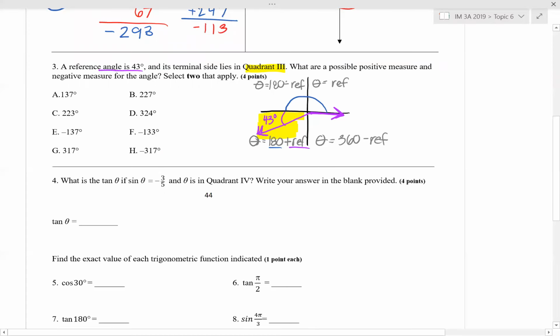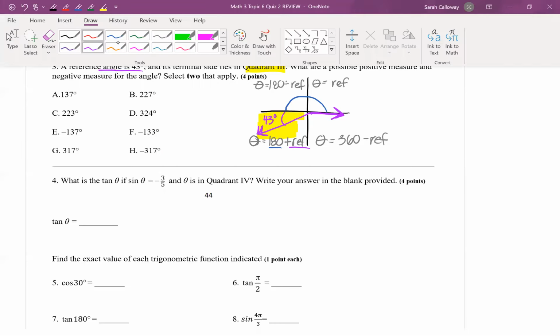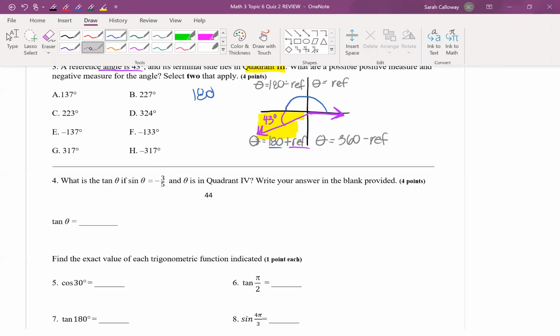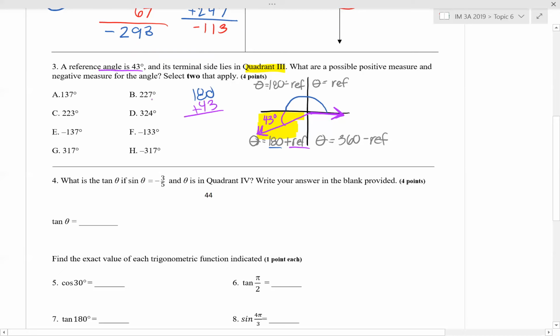Visually, I can count out those 90 degrees, and as I'm going around, I'm just adding 90, that's where the 180 comes from. And then plus 43. So if I do 180 plus 43, that will tell me what one coterminal angle is. That's 223 degrees. So that means that C is a correct answer.